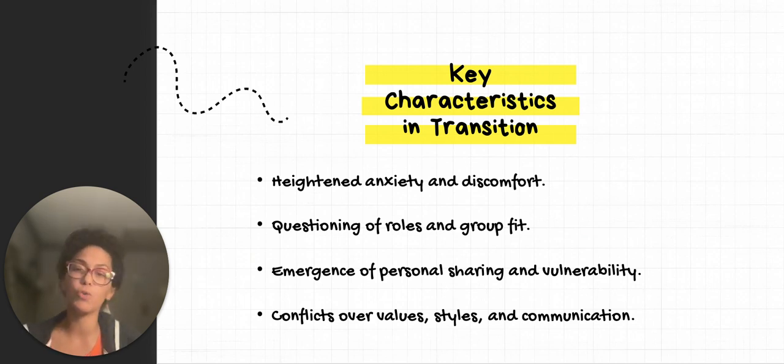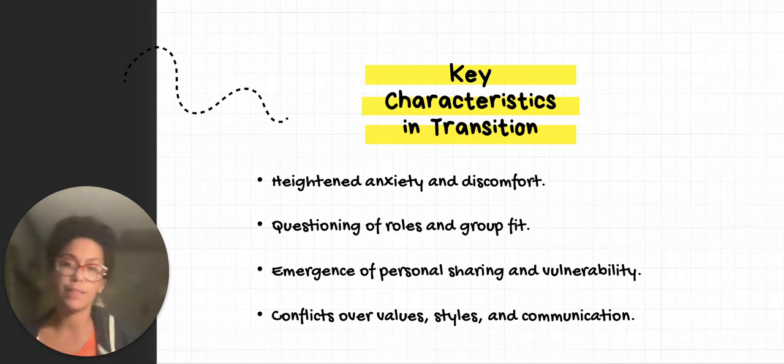As the group begins to shift away from the forming stage into the transition stage, there are several key characteristics that begin to emerge. First, there is often an increase in anxiety and discomfort as group members move from the more superficial discussions of the forming stage to the deeper and more vulnerable territory that comes with the transition stage.